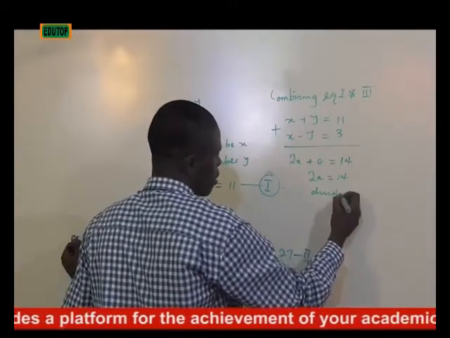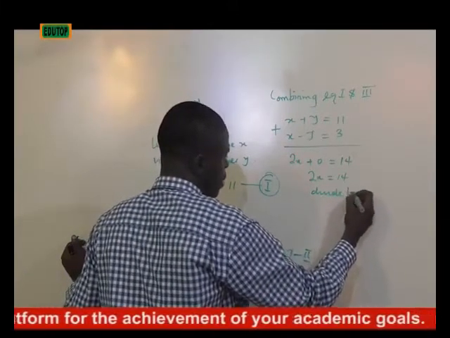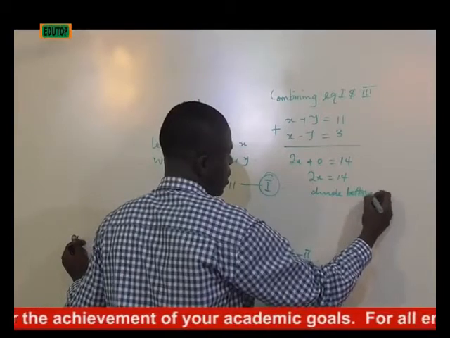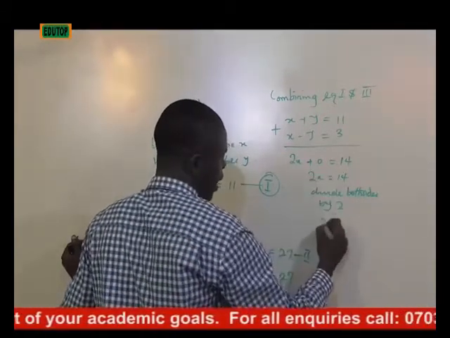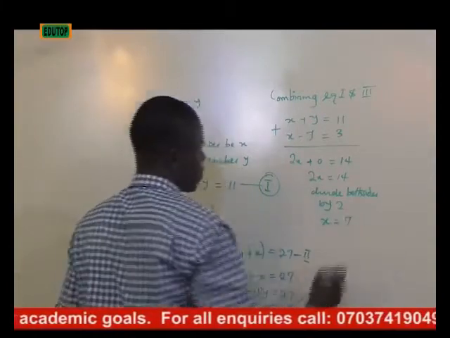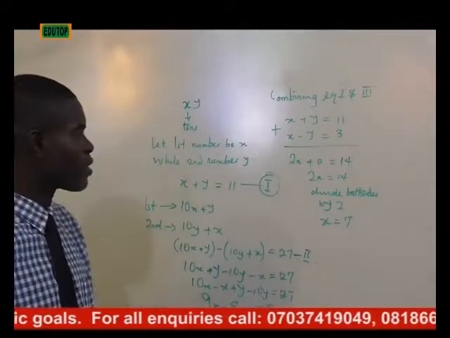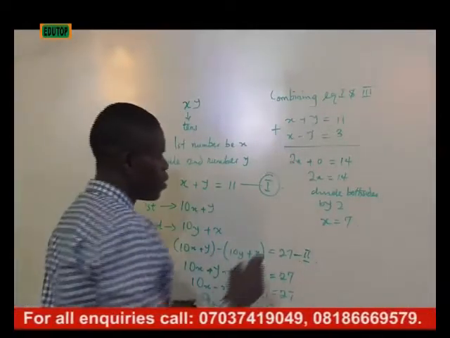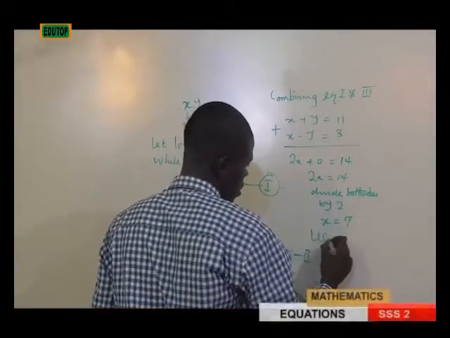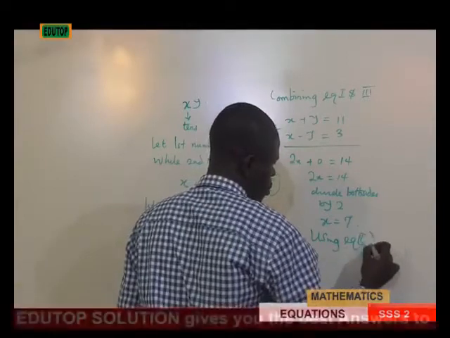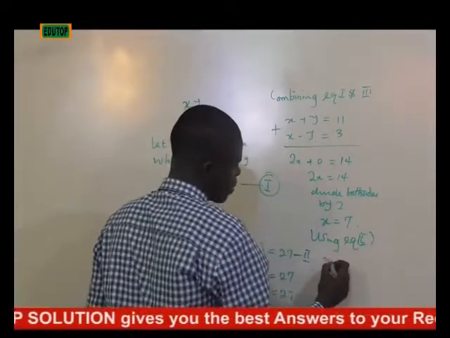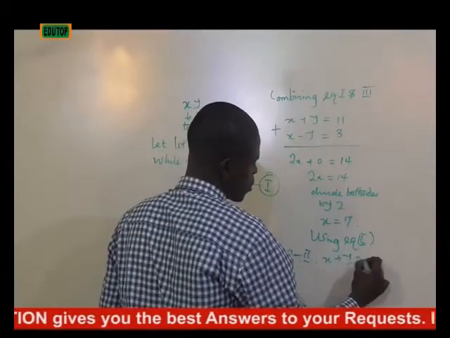Divide both sides by 2. Then we'll have x equals 7. So that is the first case. Using equation 1, where you have x plus y equals 11.